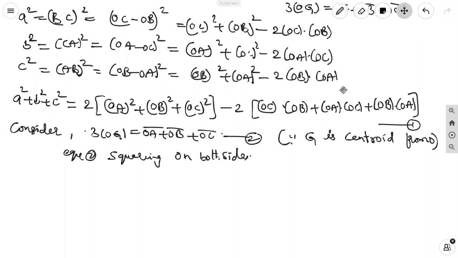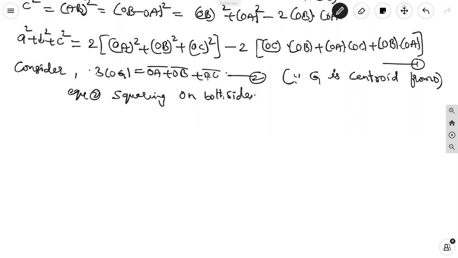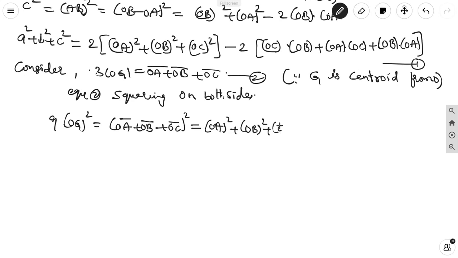When squaring on both sides, it becomes (OA plus OB plus OC) whole square. Here 3 3s are 9 into OG whole square is equal to (OA plus OB plus OC) whole square. That is equal to OA square plus OB square plus OC square plus 2 into (OA into OB plus OB into OC plus OC into OA).